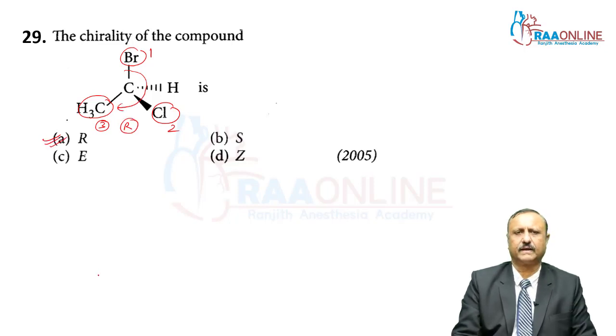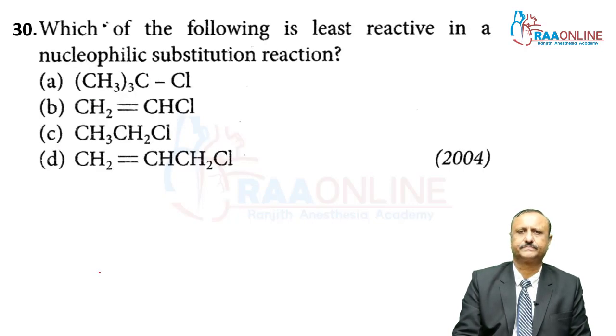Now my dear students, we can see question number 30. Which of the following is least active in nucleophilic substitution reactions? It's a very simple question because those whose carbocations are most stable are more reactive.